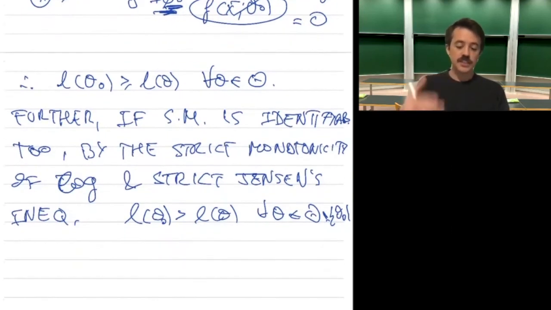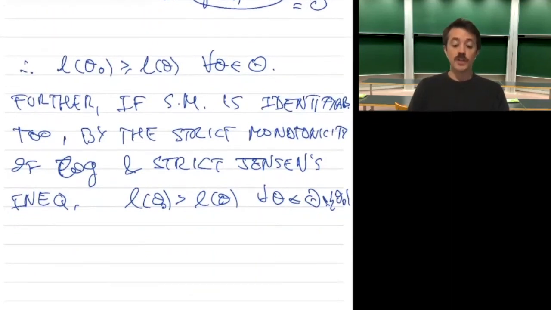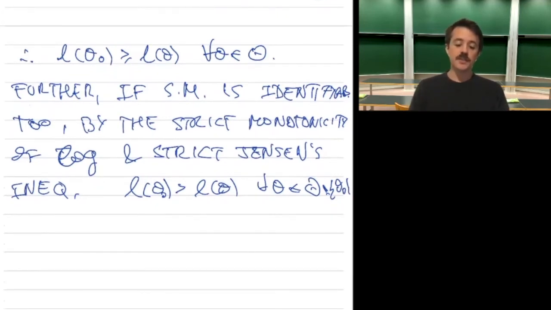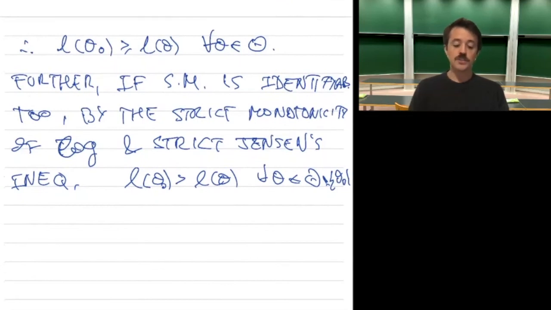This is intuition so far, but we will use this in the proofs. We're not technically ready to prove anything about the MLE yet, but this is one of the bits of intuition that we will be using.